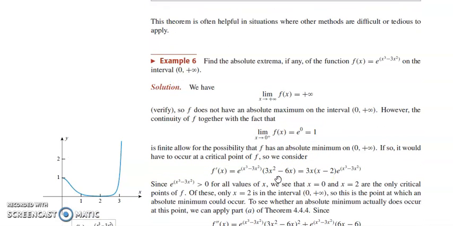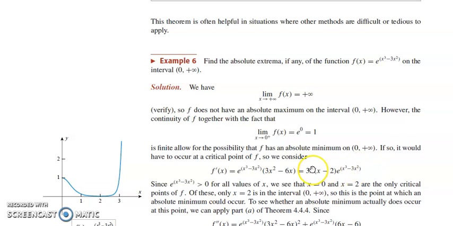Finding f dash and setting f dash equal to 0, you will get 3x into x minus 2. So the critical values are x equal to 0 and x equal to 2. And these are the only critical points. Of these, only x equal to 2 is in the interval 0 to infinity.